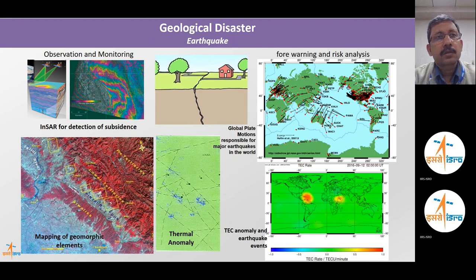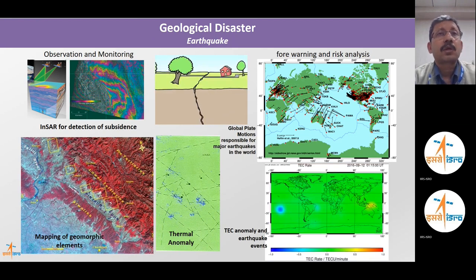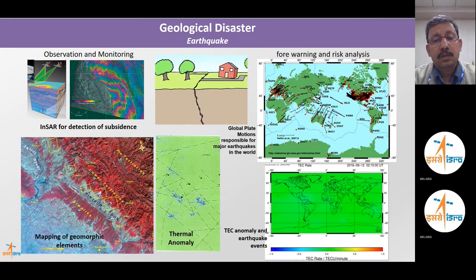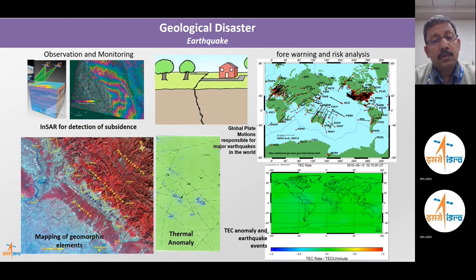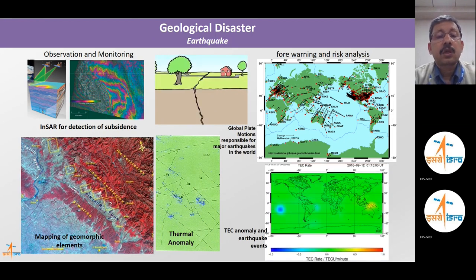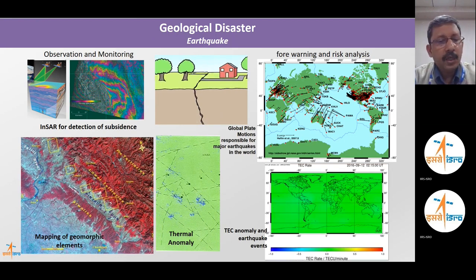Apart from that, during an earthquake, a thermal anomaly is also observed because of emission of hot gases or vapors from the Earth's crust. So those thermal anomalies can also be picked up very easily using the thermal data from the various satellite sensors.